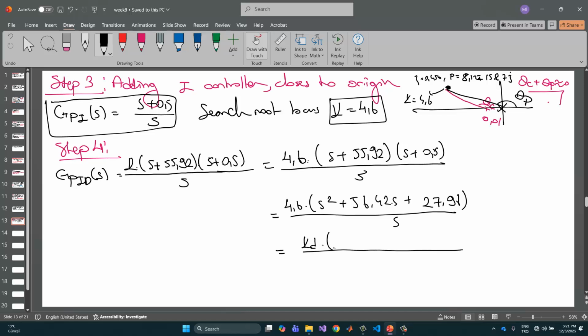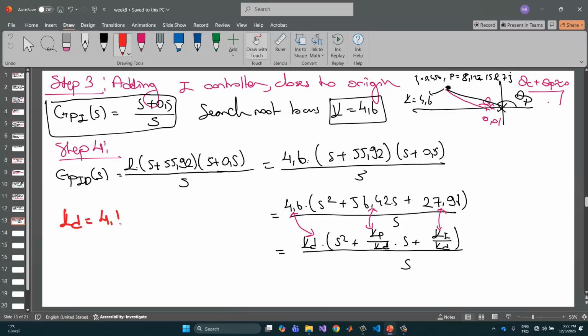This is Kd times s squared plus Kp divided by Kd times s plus Ki divided by Kd, all divided by s. So this term is equal to Kd. This term is equal to Kp divided by Kd. This term is equal to Ki divided by Kd. And then we can calculate the whole coefficients.